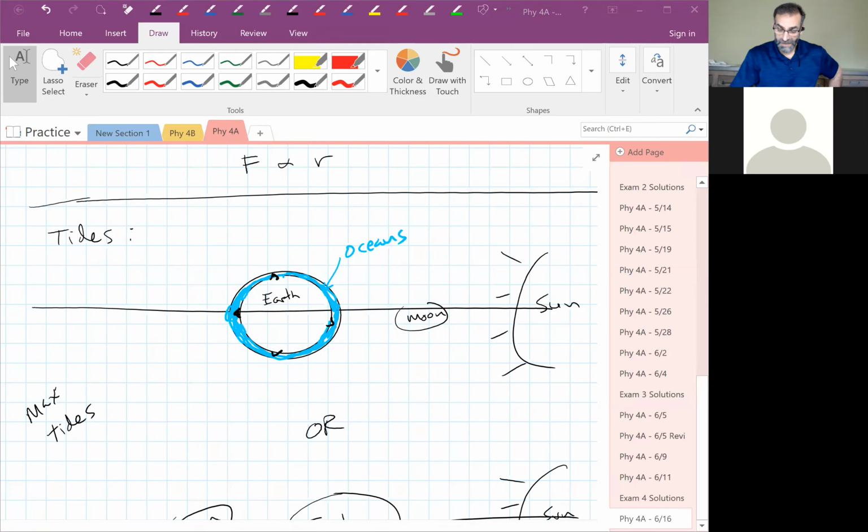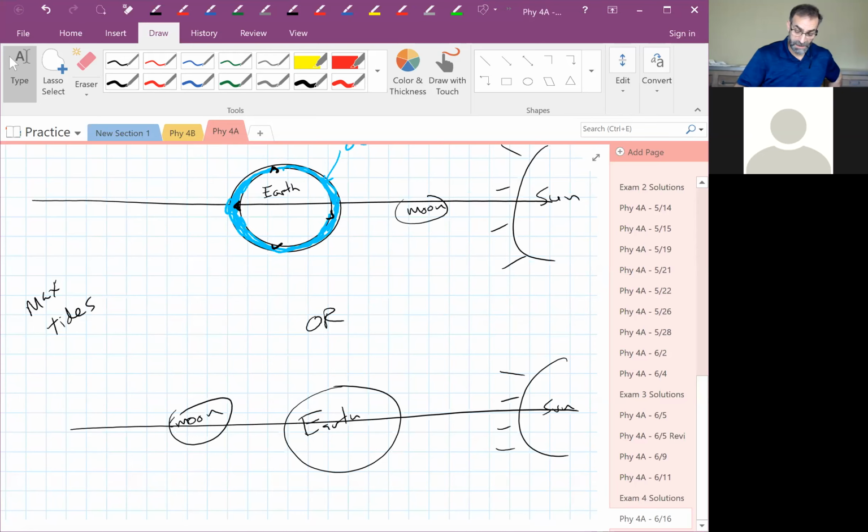Which one has the greater effect on our tides, the moon or the sun? The moon does, that's correct.